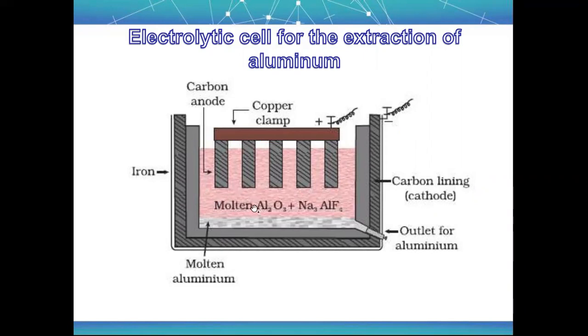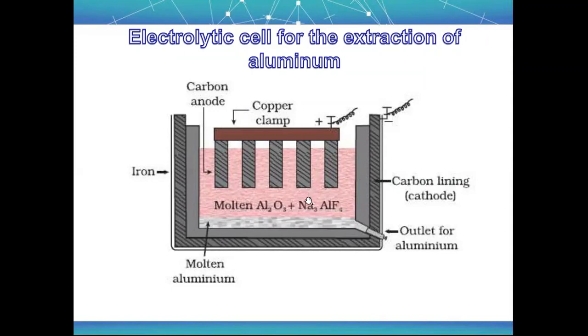So what happens when we put the molten Al2O3 plus Na3AlF6 into this chamber and pass the electricity? The carbon of the graphite starts reacting with the aluminium oxide, and we are able to remove the oxygen from the Al2O3. We obtain pure aluminium.